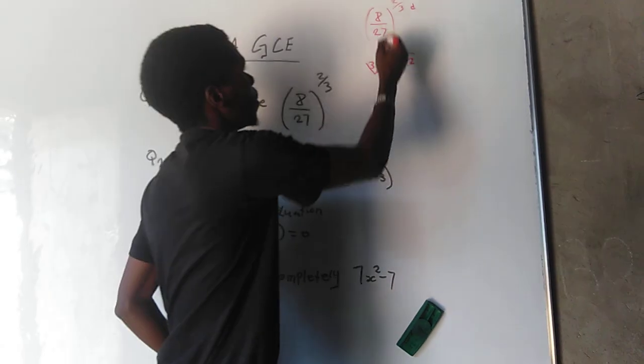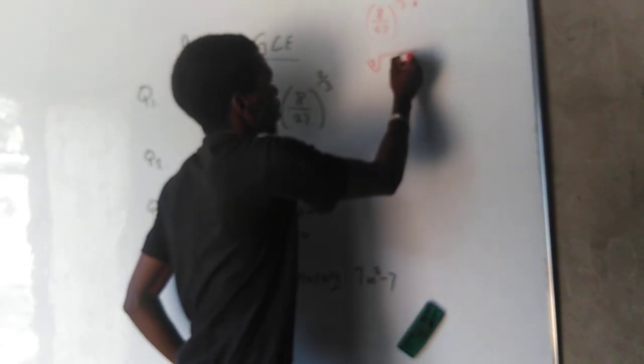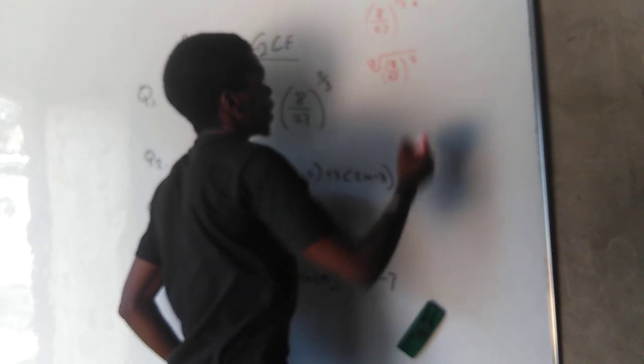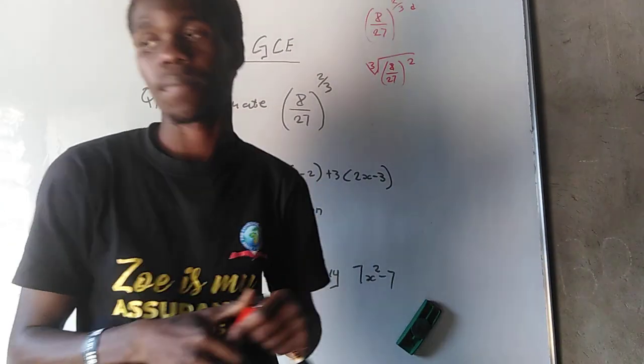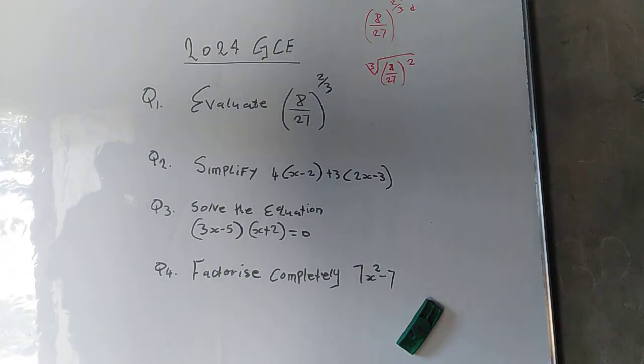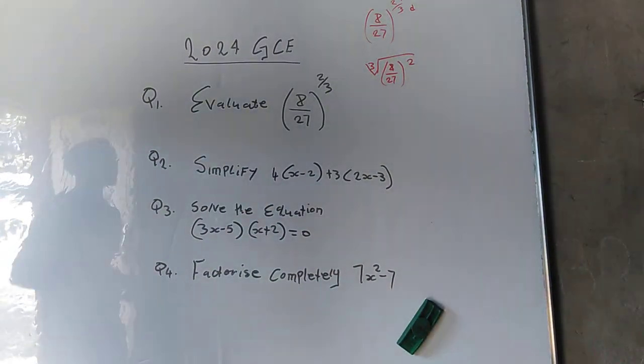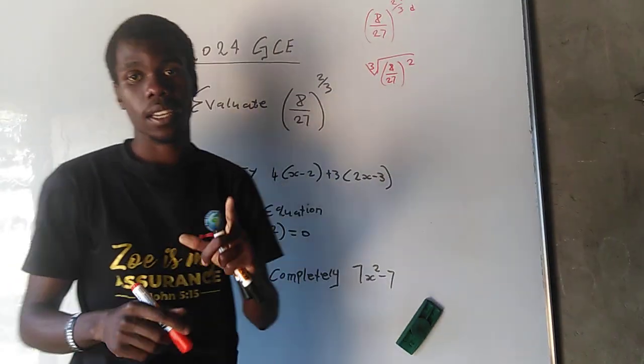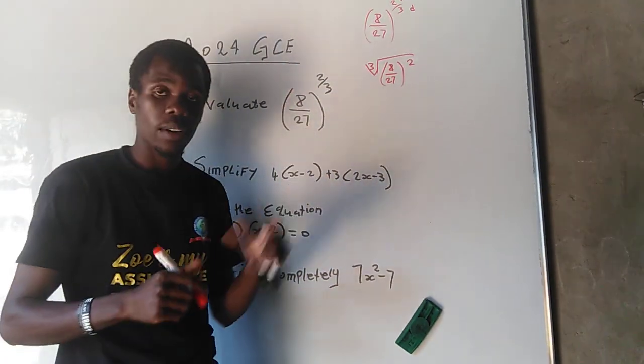Then bring down the 8 over 27, as simple as that. Please, we are not yet done. This question was carrying 2 marks.